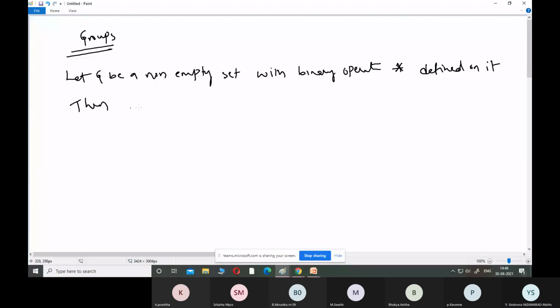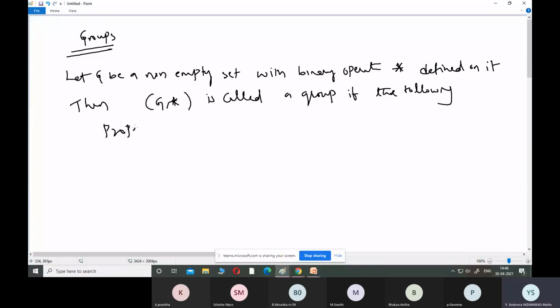Then (G, star) is called a group if the following properties are satisfied.